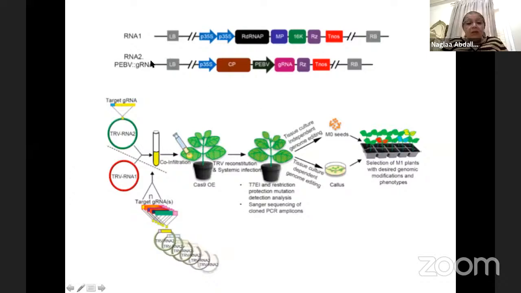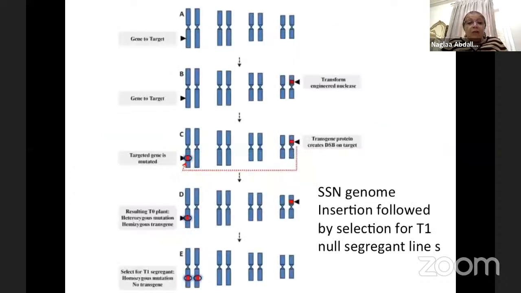For the virus, like TRV, which is an RNA virus, we can introduce the target guide RNA and agroinfiltrate or infect the plant with the desired constructs, and we will select later the edited plant, which is not a transgenic plant, but it will have the mutation or replacement that we want.